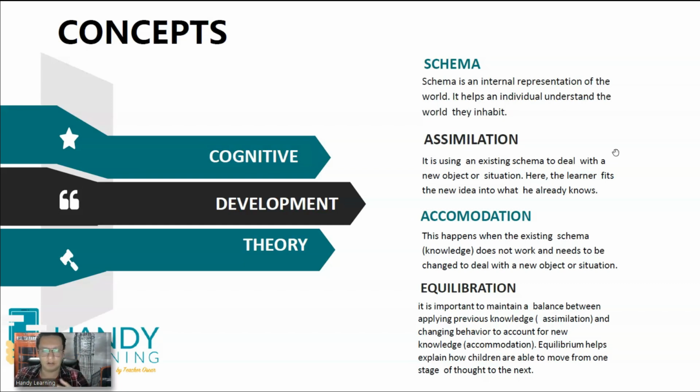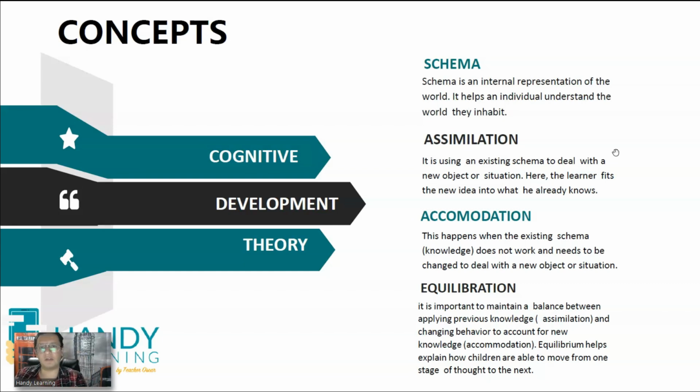But then, through the time, somebody showed him a sword. So he used his existing schema about the cross and he transformed it, turning it around into a sword. That is called assimilation, using existing information to transform it into new information.